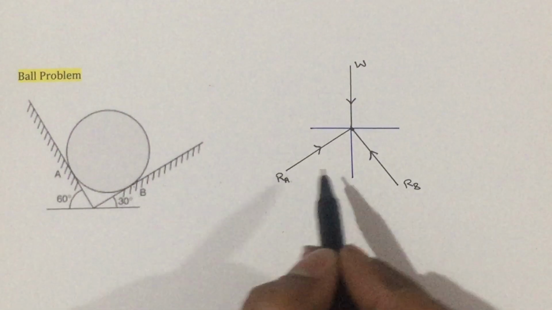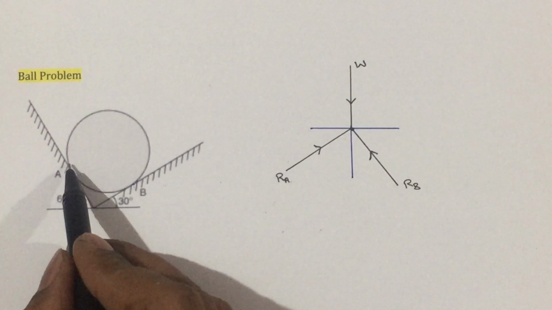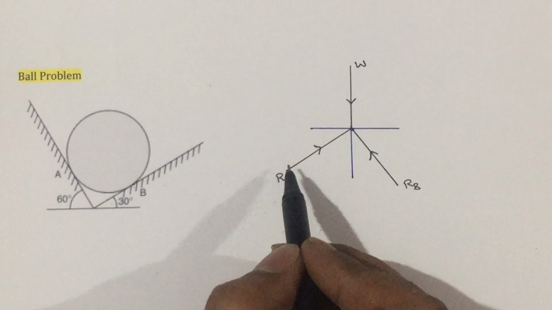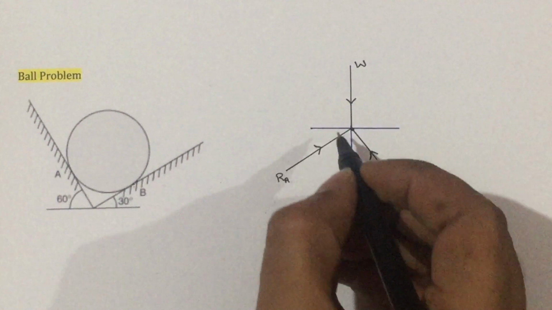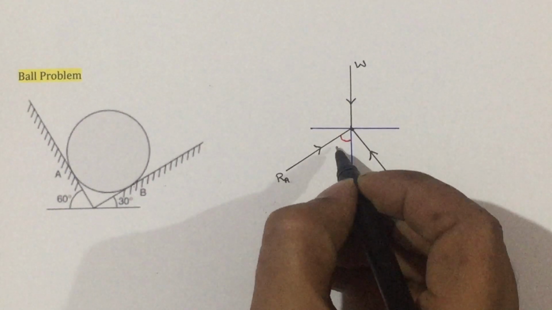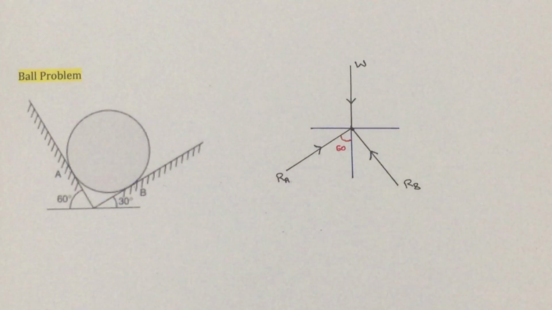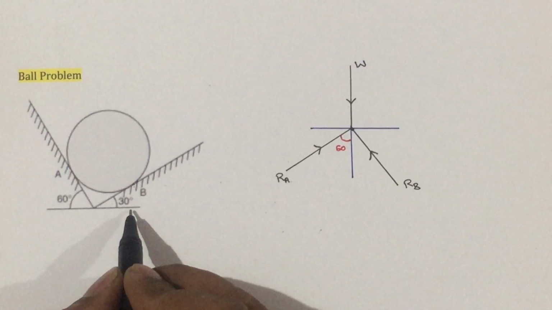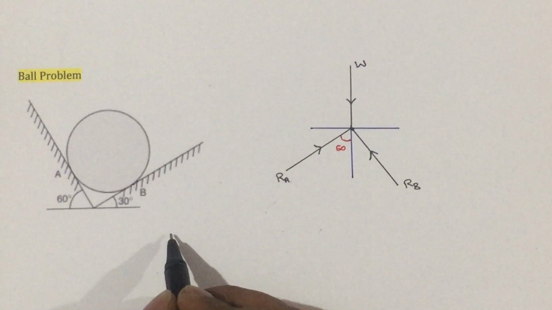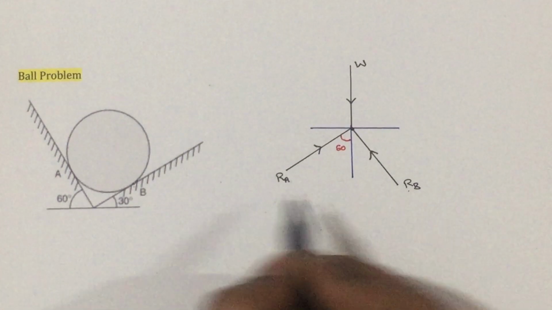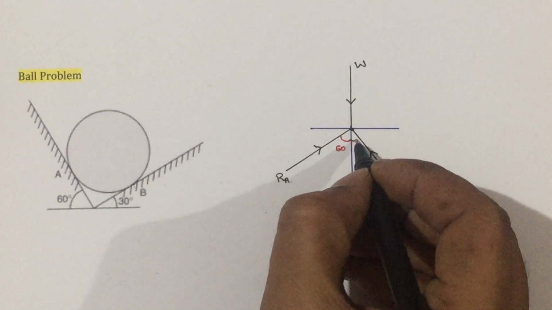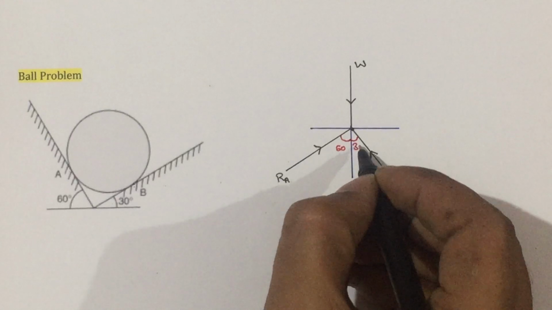Then we got the reaction line which is perpendicular to this inclined line. So, this perpendicular line will make the same 60 degree, but with respect to vertical. Here also this line is making 30 with respect to horizontal, then the perpendicular line, that is the reaction line, will make the same 30 degree with respect to the opposite reference, that is vertical.